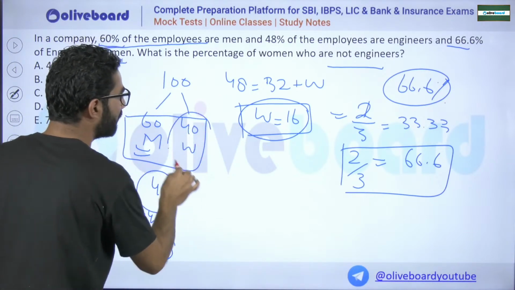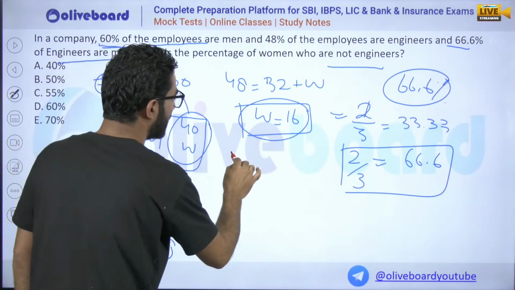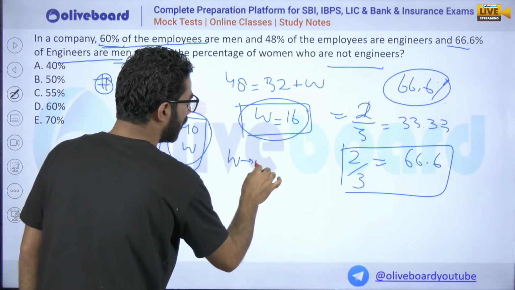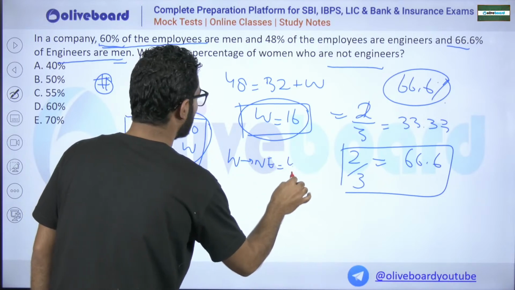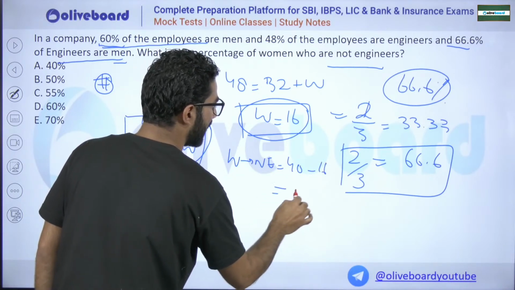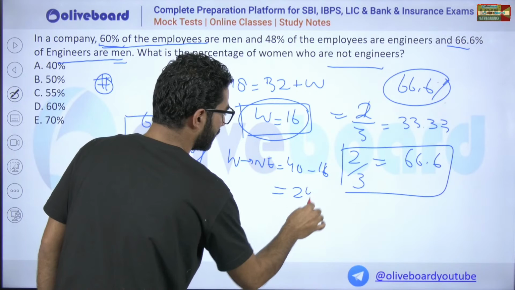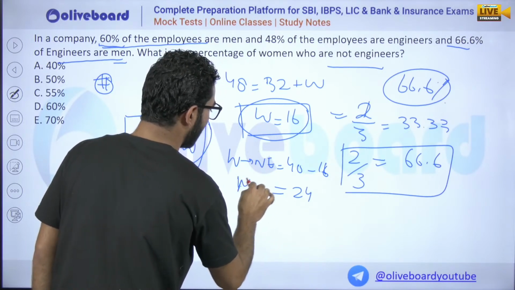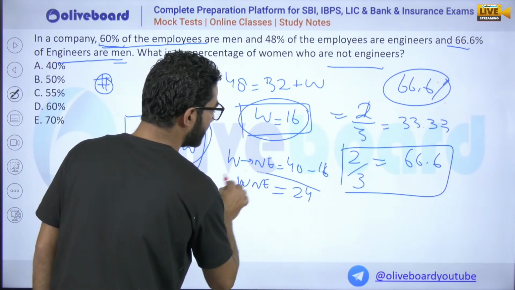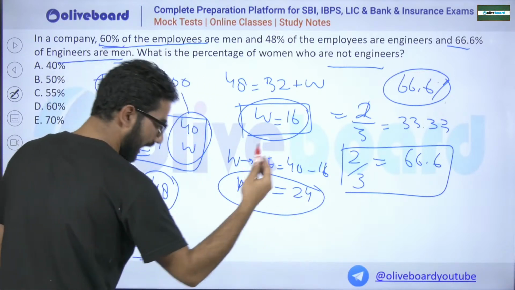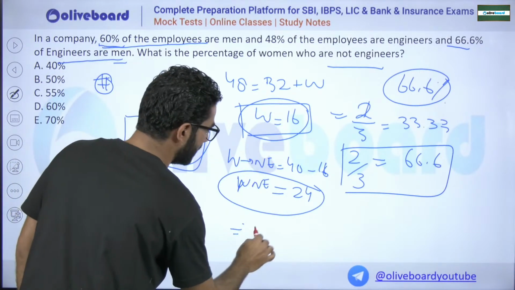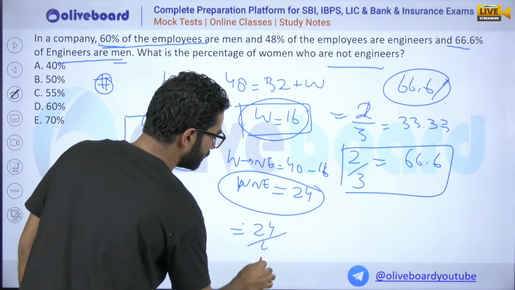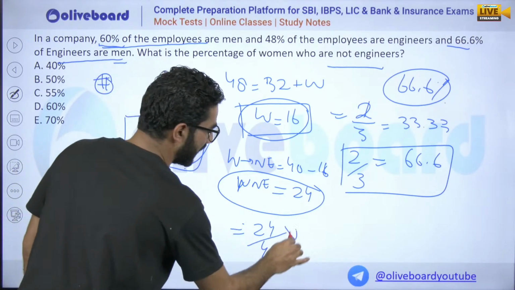Total women we have 40. So women that are not engineers will be 40 minus 16, that will be 24. These are women who are not engineers. So we have to calculate this percentage only. Now, how to calculate the percentage value? That will be 24 upon total women, 40, multiplied by 100.